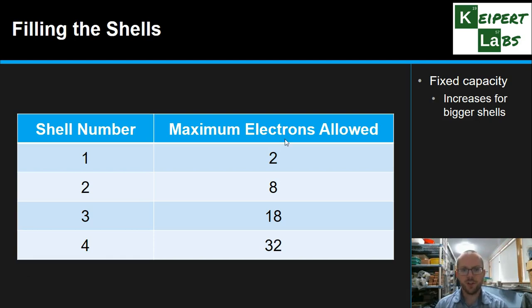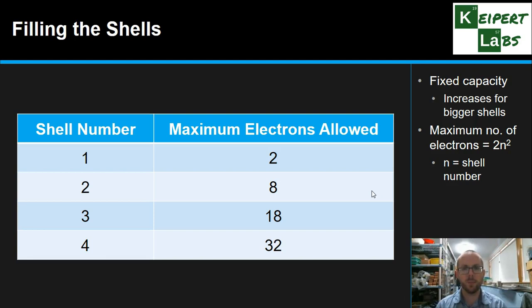As we see, the first shell can only contain a maximum of 2, but the second shell can contain a maximum of 8, the third shell 18, the fourth shell 32, the fifth shell bigger again, and so on. There's a mathematical relationship here: the maximum number is given by the rule of 2n squared. Remember that n is the number of the shell. So for shell number 2, n equals 2, and 2 times 2 squared equals 8.